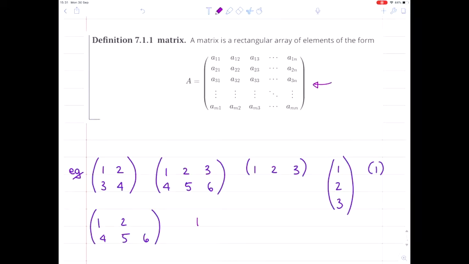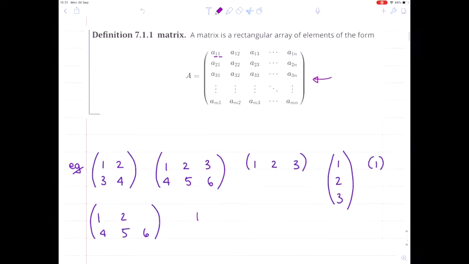And you'll notice that we usually index the elements of the matrix by both the row and the column, but we'll talk a little bit more about that in a moment. So let's have a look at some examples of matrices. For example, this is a matrix.